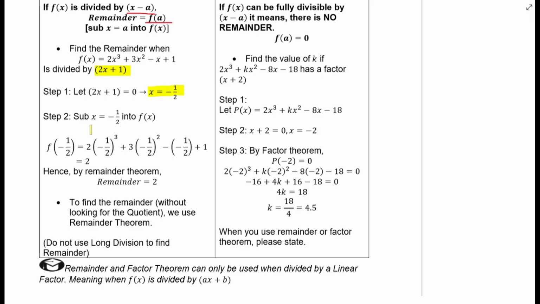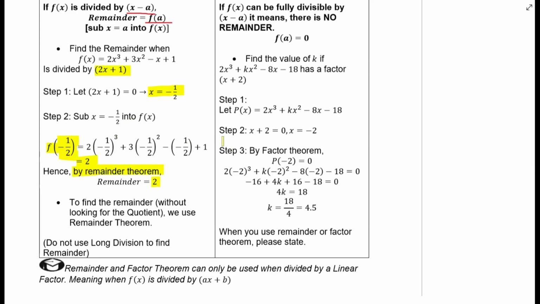Step 2, sub x equals to negative half into f(x). So once again, you present this as f(-1/2) equals to, and subsequently you substitute all your x equals to negative half, and end up with 2. Therefore, by remainder theorem, your remainder is 2.